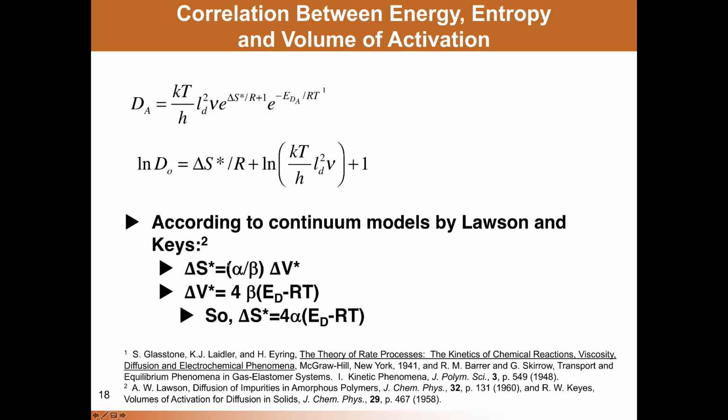practice, and it asserts that the activation entropy is proportional to the volume of activation, that is the change in local volume around a penetrant that occurs when the polymer chains reach the activated state to allow diffusion to occur.